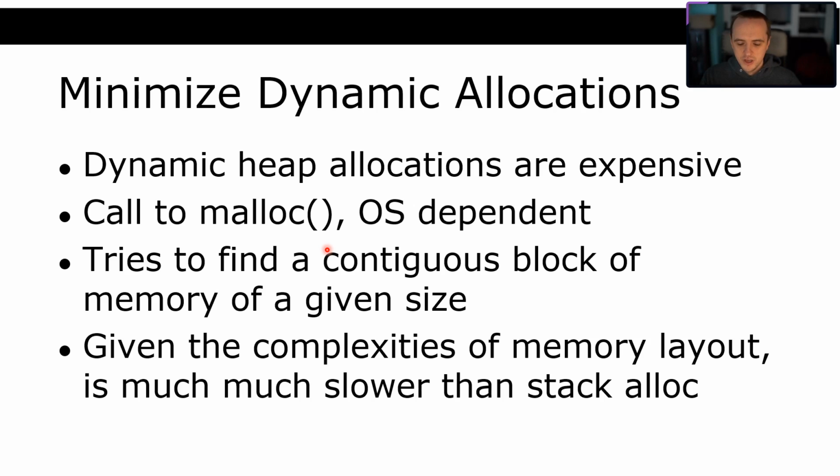So for example, if you have a 1 megabyte vector or a 1 megabyte data structure that you're trying to allocate, malloc has to actually go through your memory and find 1 megabyte of continuous memory addresses that are not being used by anything else on your system. And given the complexities of how your memory is laid out and the fact that your operating system is using some memory, some of it's reserved, some other programs are running, etc., dynamic memory allocations can be very slow.